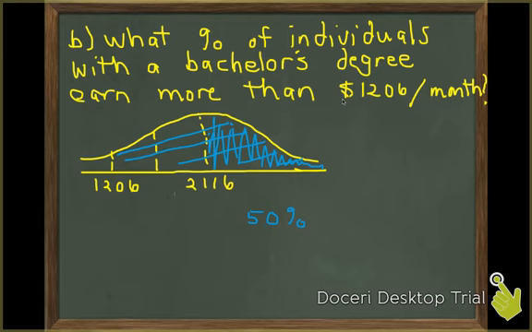And so if we just want this part right here, then that's going to be 95 divided by 2. So we would take the 50% and we would add the 95 divided by 2%, which ends up giving us 97.5%.